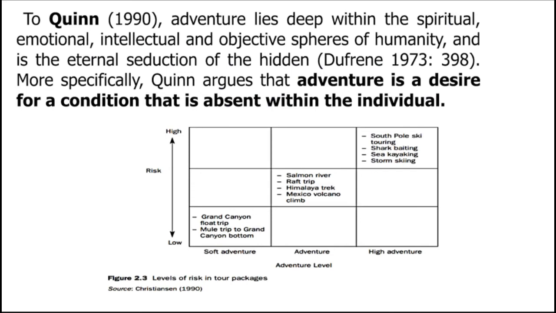So, yung risk na yon, it can be low risk up to high risk. So, ibig sabihin, for example, si soft adventure. Ito usually yung mga activities na sightseeing lang siya, observation, okay? Na wherein, wala naman tayong masyadong risk na pwedeng makuha. Wala namang masyadong mga accidents na pwedeng mangyari.